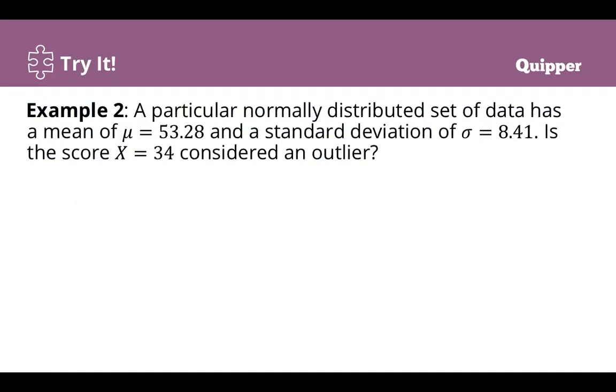Okay? So number two, a particular normally distributed set of data has a mean of 53.28 and the standard deviation of 8.41. Is the score 34 considered an outlier? Okay. Our question is about outlier only.